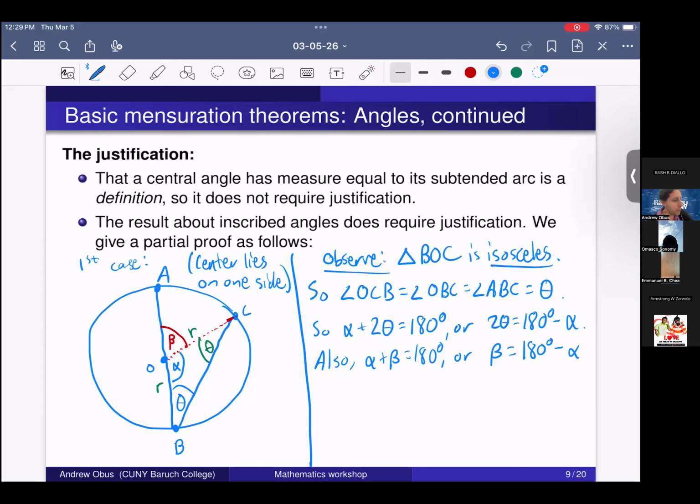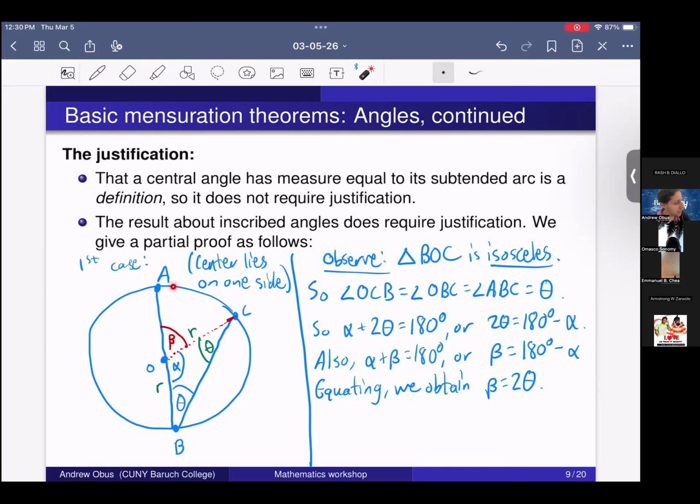Okay, 2 theta is equal to 180 minus alpha, and beta is equal to 180 minus alpha. So if we set equals to equals, we get that beta equals 2 theta. So equating, we obtain that beta is equal to 2 theta. But what's beta here? Beta here is the central angle, and theta is the inscribed angle.